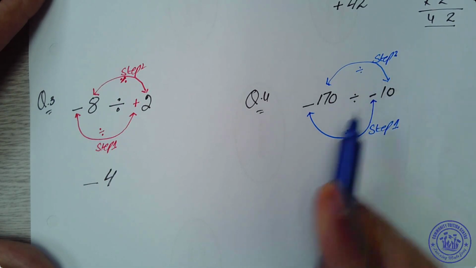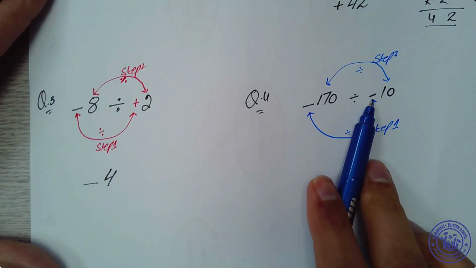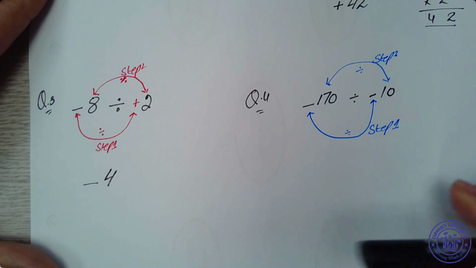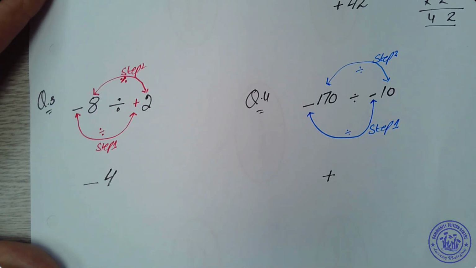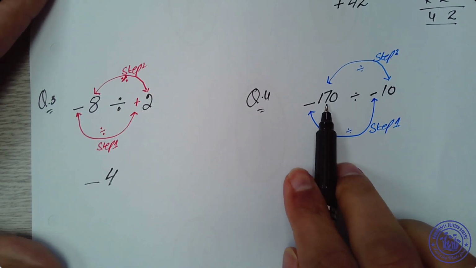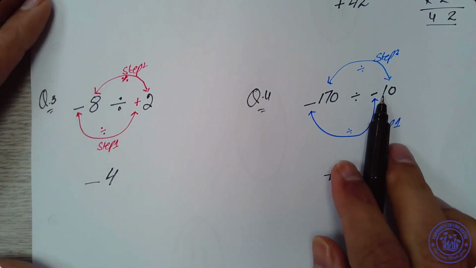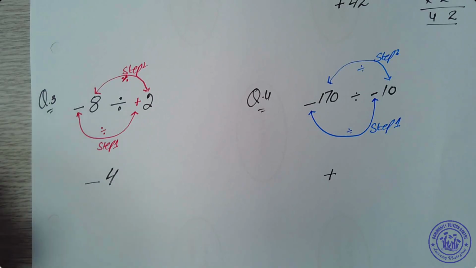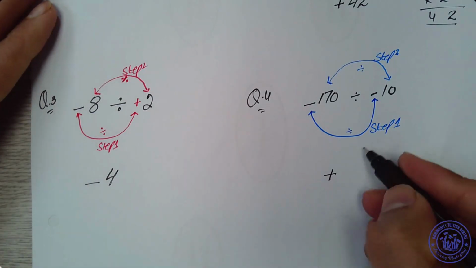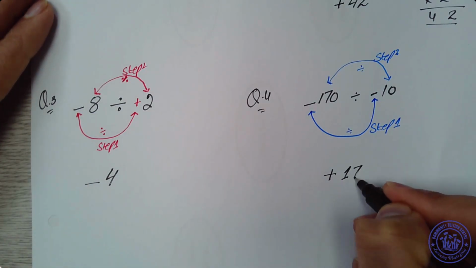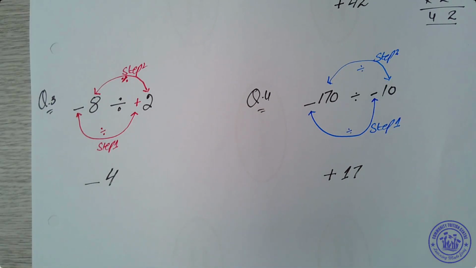So again, if I divide a negative by another negative, the outcome is a positive sign. So I'm done with the sign. Now if I divide 170 by 10, basically what does that mean? This means how many tens are in 170. So if you divide the two numbers, you'll figure out there are 17 tens in 170. So my answer is plus 17.